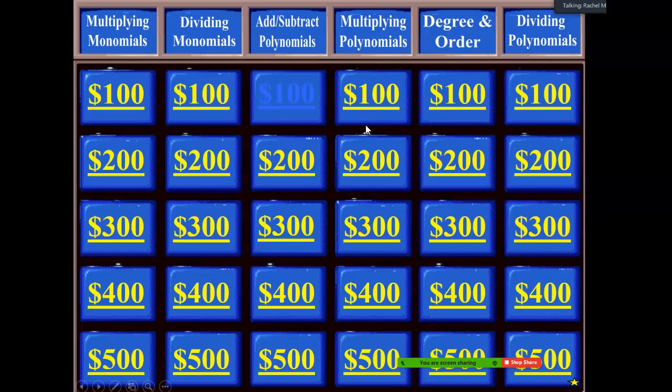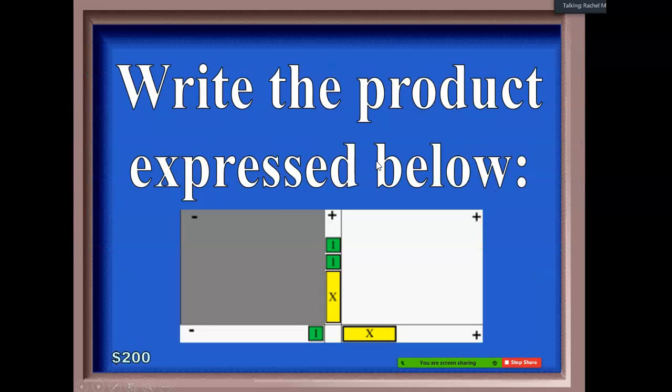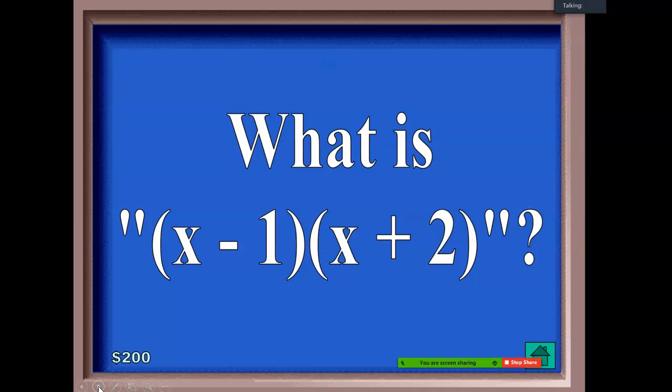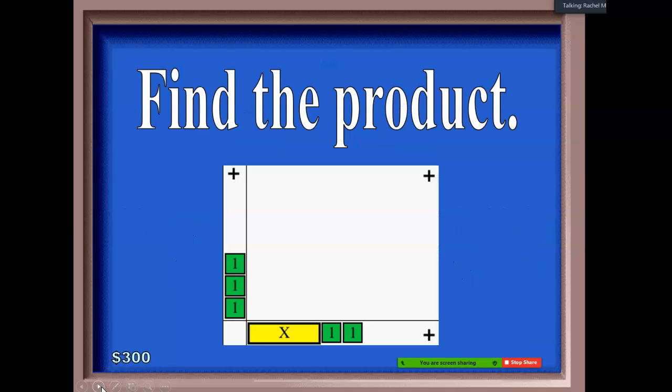All right, multiplying polynomials for 200. Write the polynomial as a product. So if you have an x here and 2 1s and a 1 and an x, it's okay, we'll skip it. It's like x plus 2 because of the x and the 2 1s, and then you're subtracting your 1.